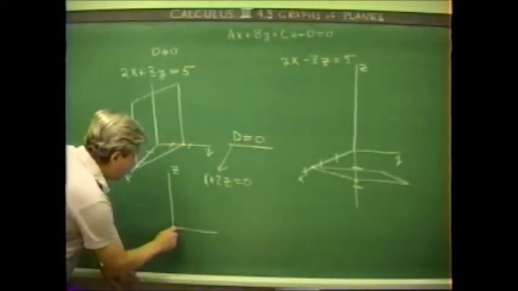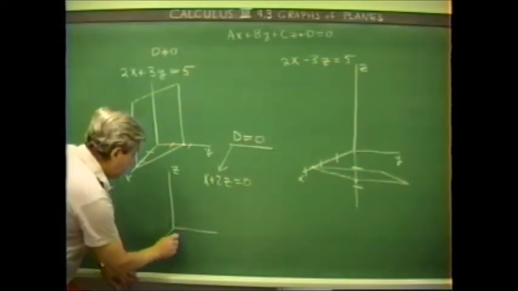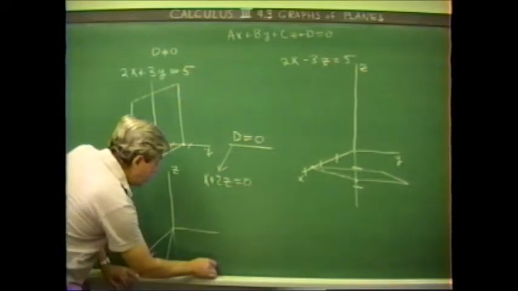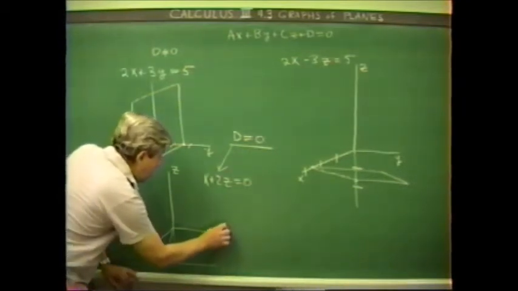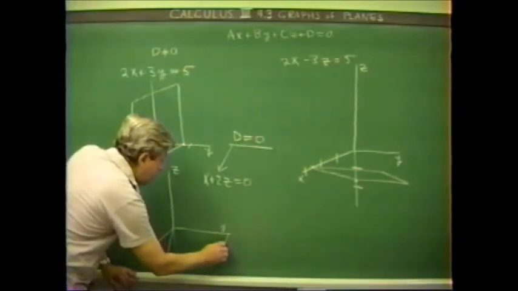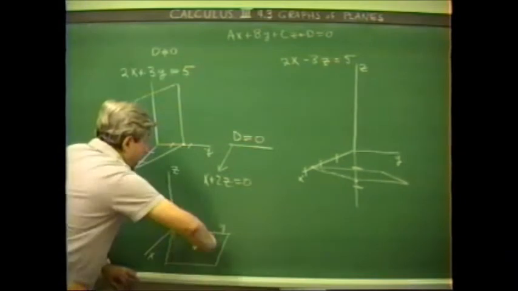So the graph of this line goes down in this direction here like so. And so consequently, any value y, so that x is minus 2z, will satisfy this. And so the plane looks like this. That's to say, it's slanting downward from the y-axis.